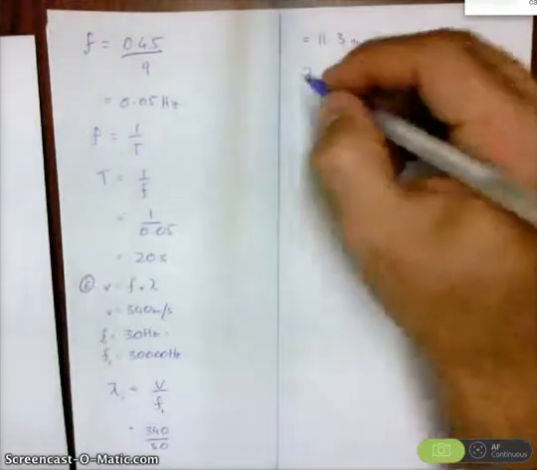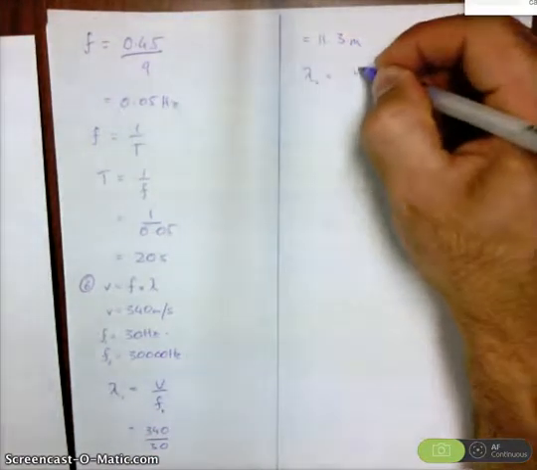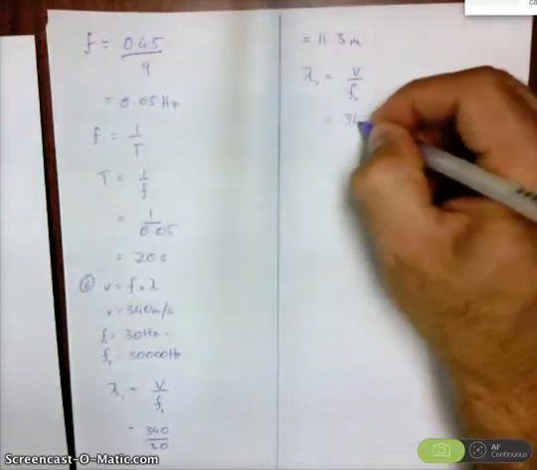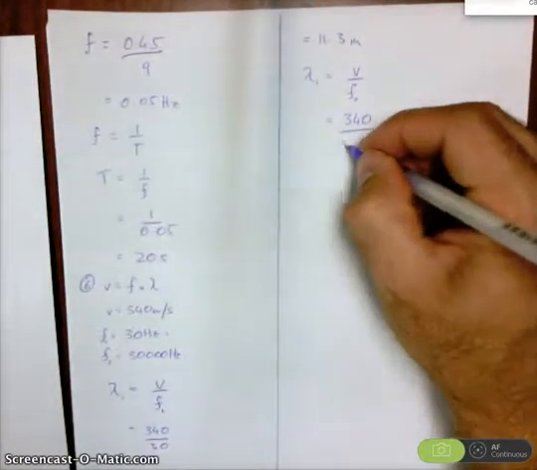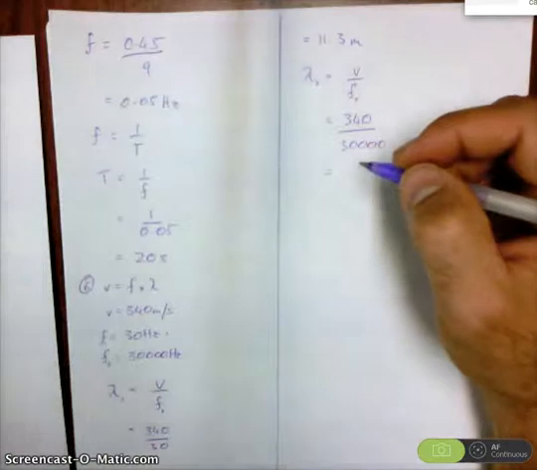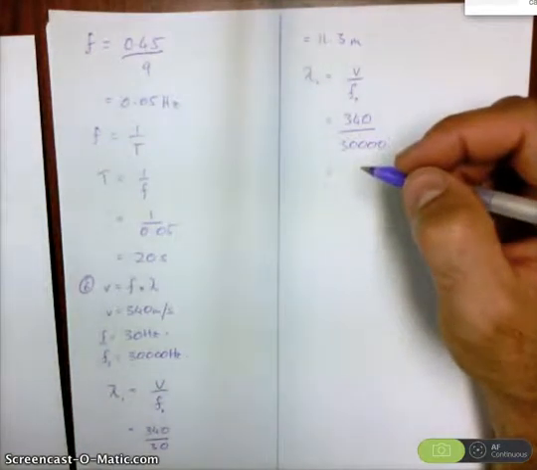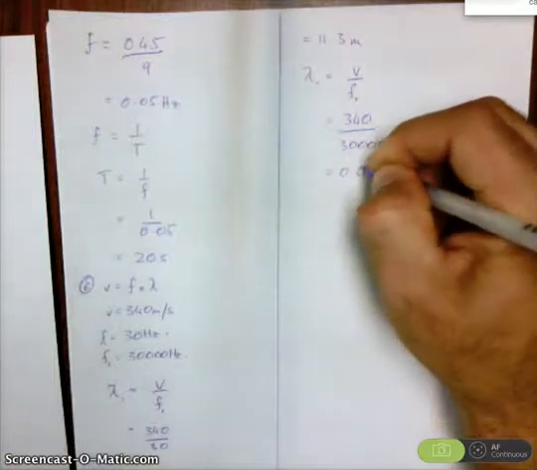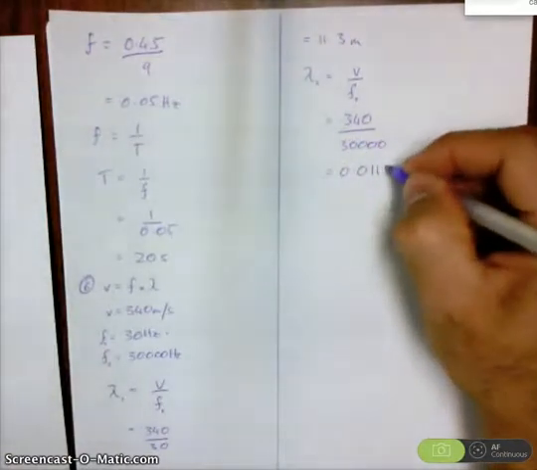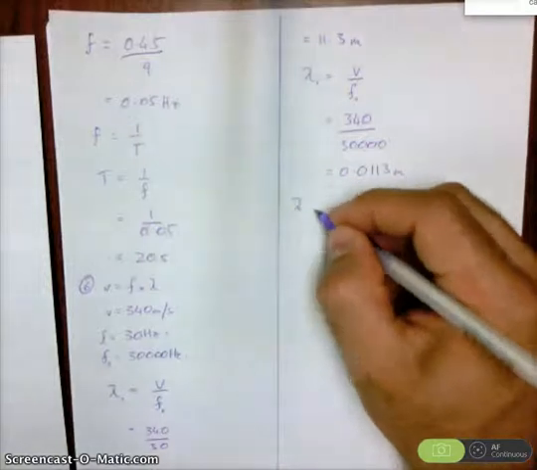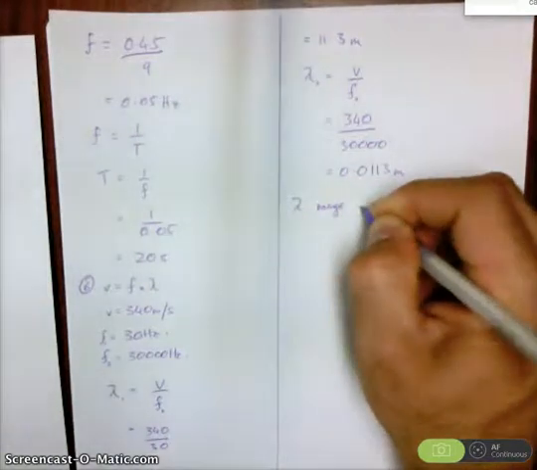That's the lower range. Wavelength 2 is equal to velocity divided by the second frequency. So 340 meters divided by 30,000 this time equals 0.0113 meters.